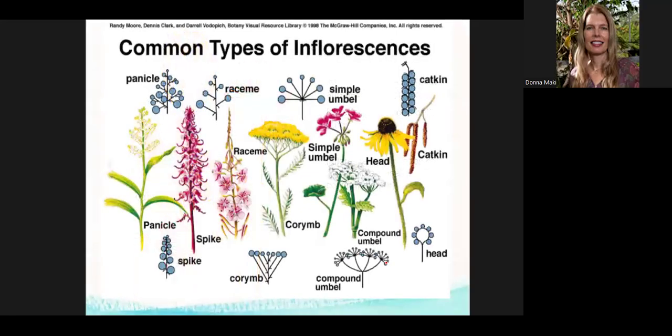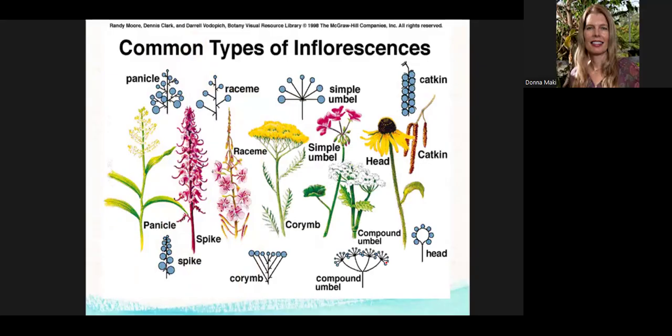Here are some ideas of inflorescences. I'm not going to ask you to know all the words on here, just know what an inflorescence is. If you have a field guide and are trying to identify plants when you're out hiking, this terminology will be important. But other than that, just know what an inflorescence is.